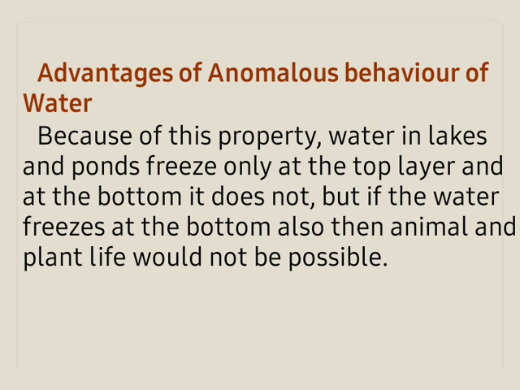Because of this property, water in lakes and ponds freezes only at the top layer, and at the bottom it does not happen. But if the water froze at the bottom also, then animal and plant life would not be possible. So, when water on the top surface freezes, it insulates the water below it from the outside, which acts like a blanket. Due to this property, many fish can survive in the winter season.